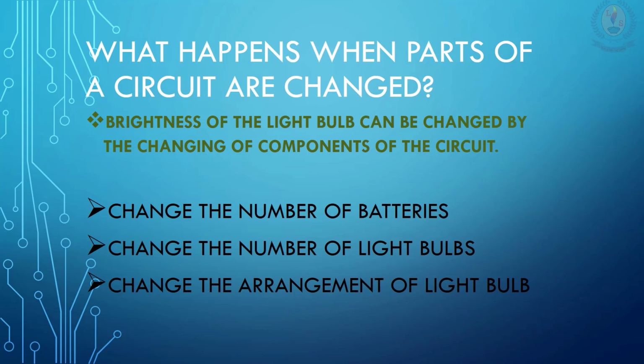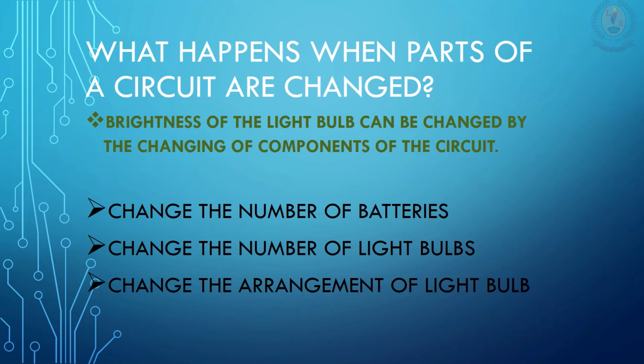circuit. So my dear children, the brightness of the light bulb can be changed by changing the components of the circuit. There are three ways that we can use to check how the brightness of the light bulb can change by changing the components of the circuit.